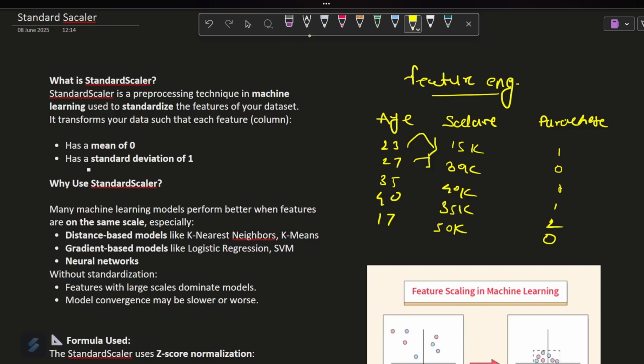For that reason we scale those particular features. So this is the standard scaler.